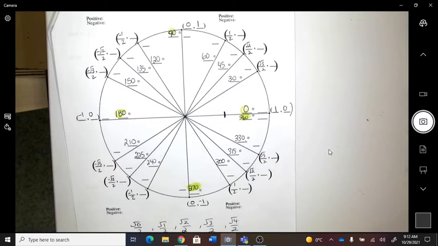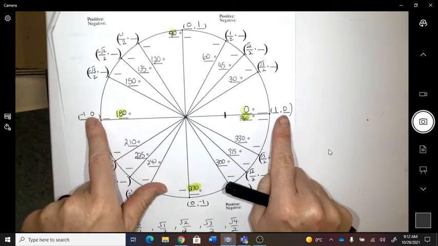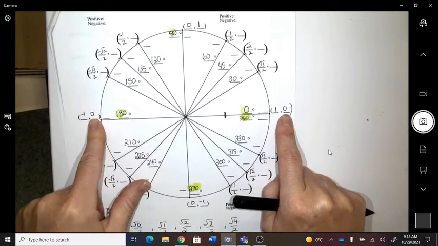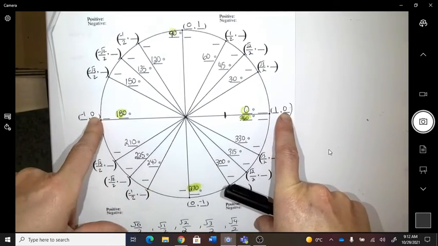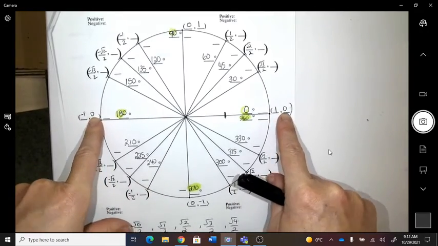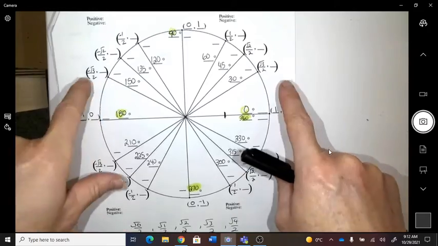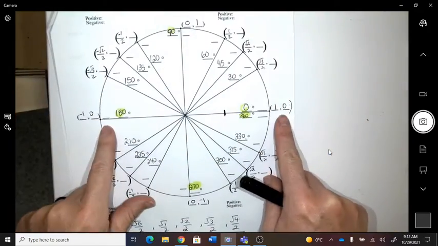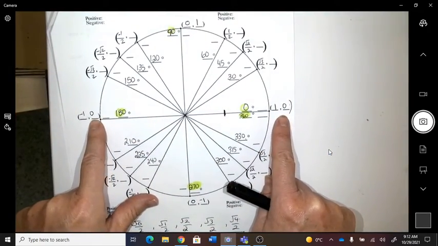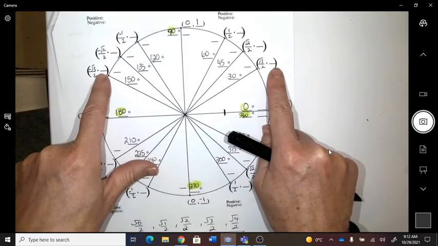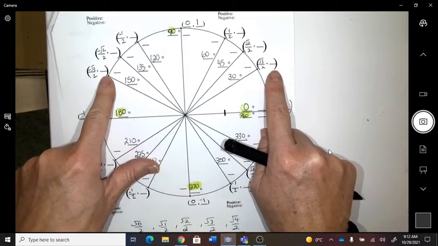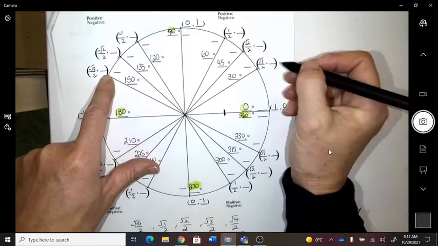Okay, now we're going to go to the y's. So I have my finger on 0, 0, heights of 0. I'm going to do the same pattern, but I'm going to go up, up, up, up. Okay, so here I go, 0, 0, the next height. These are going to be heights of 1/2.